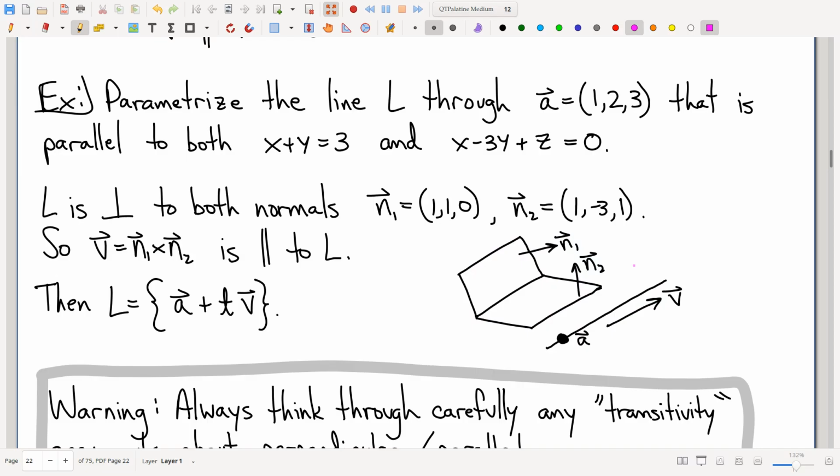Here's the bad news. There's lots and lots and lots of possible versions of these transitivities because there's vectors and there's planes and there's lines. And then there's parallel and there's perpendicular. And then there's in 2 dimensions and there's in 3 dimensions. And I suppose in higher dimensions.